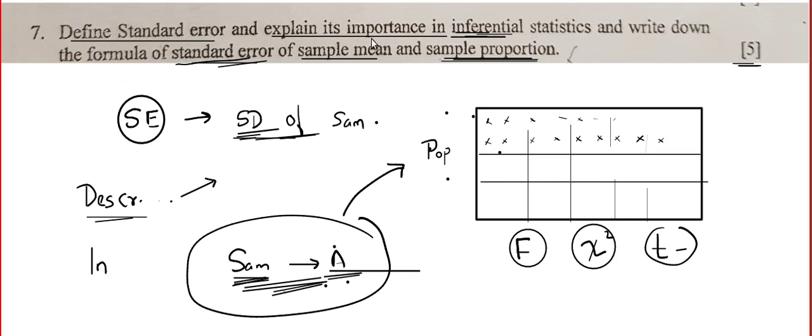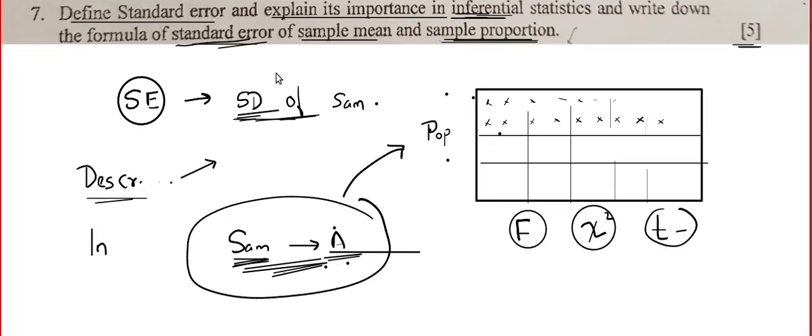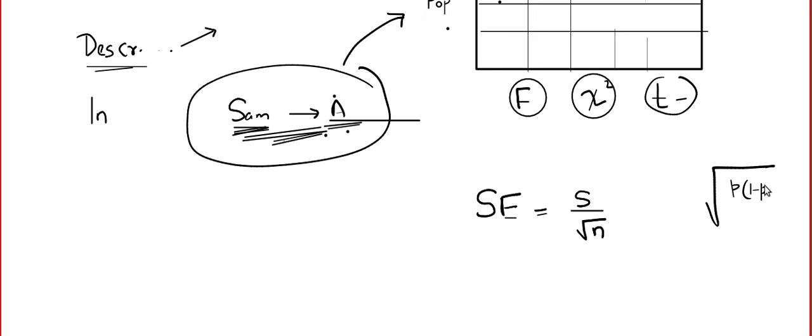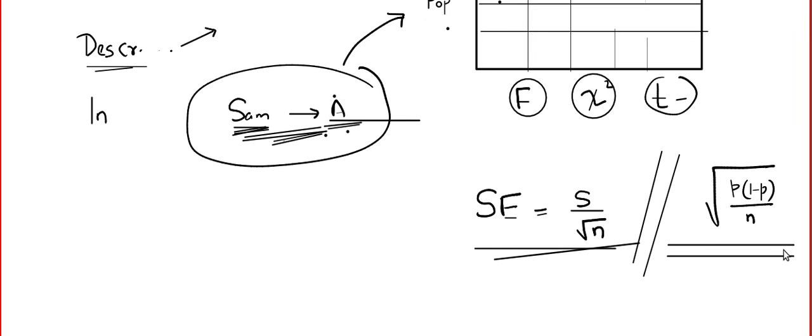Now, write down the formula for standard error of sample mean and sample proportion. The standard error for sample mean is given by s by root n, and for proportion it is given by root under p(1 minus p) by n. That's more than enough, that's more practical. Here s is the sample standard deviation.